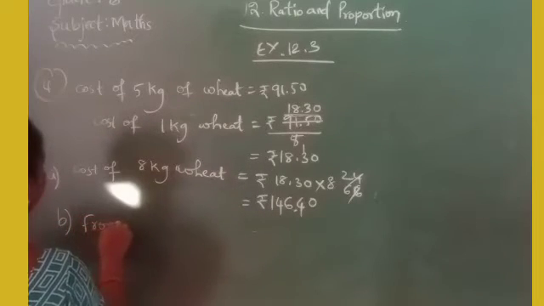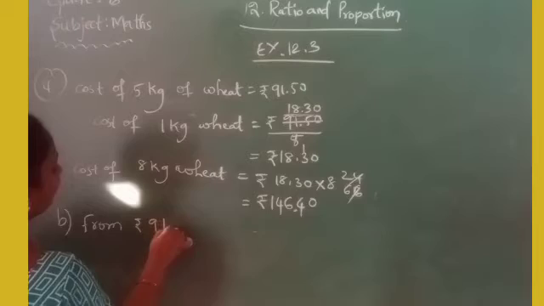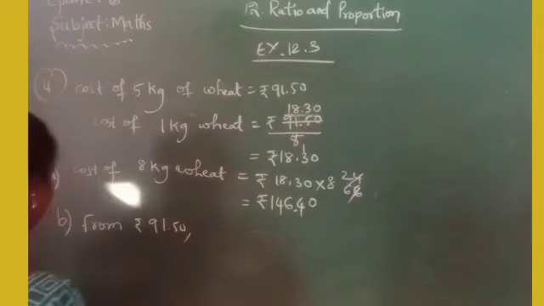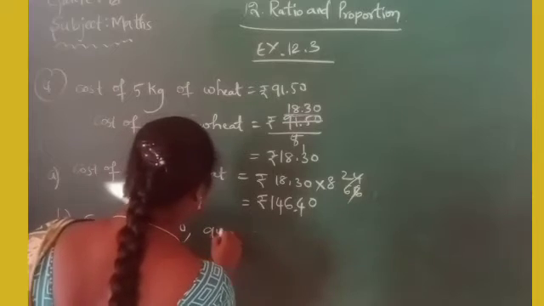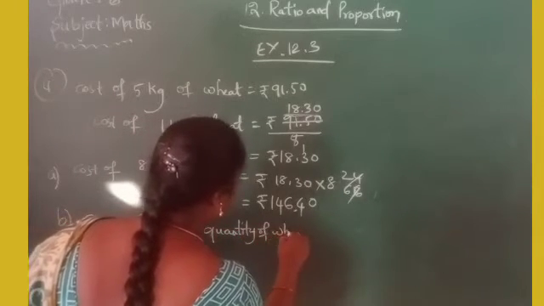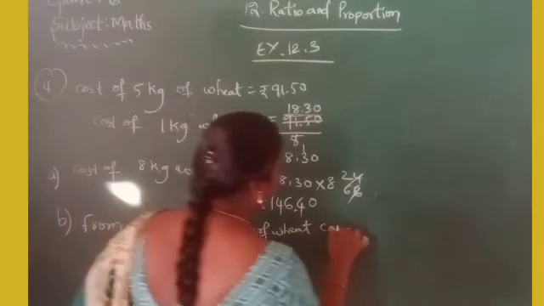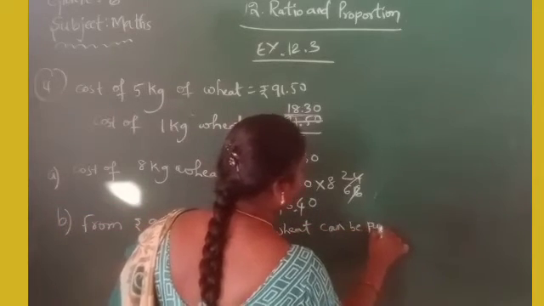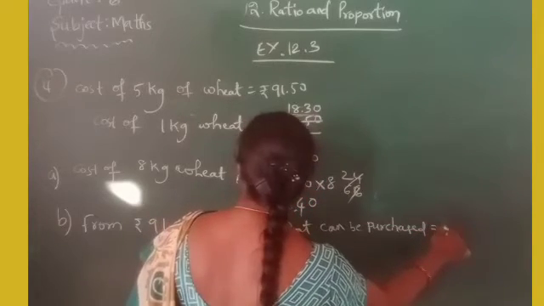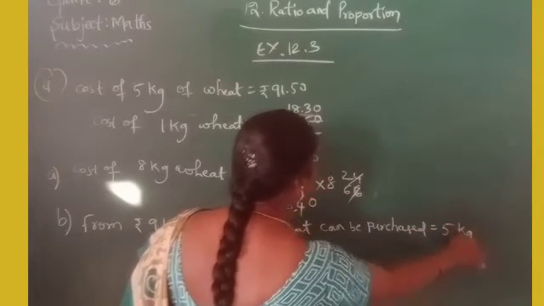First, write: from 91 rupees 50 paise, the quantity of wheat that can be purchased is 5 kgs.